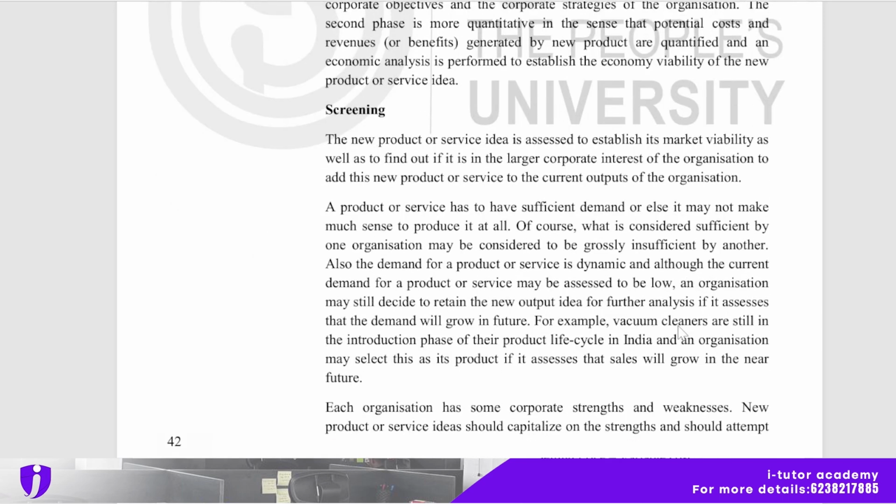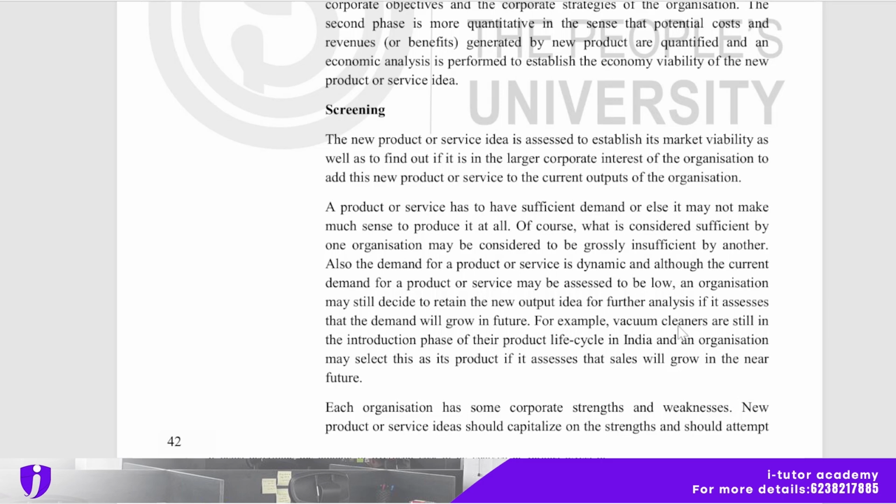Next is screening. The new product or service idea is assessed to establish its market viability, as well as to find out if it is in the larger corporate interest of the organization to add this new product or service to the current output of the organization. A product or service has to have sufficient demand or else it may not make much sense to produce it at all.